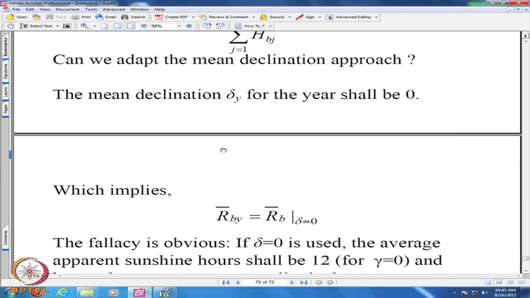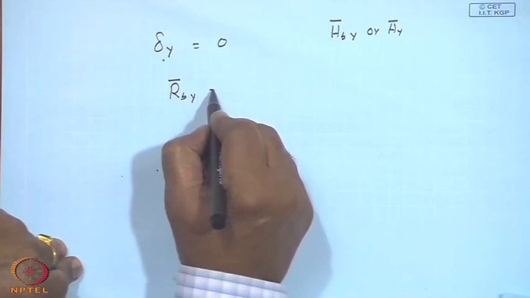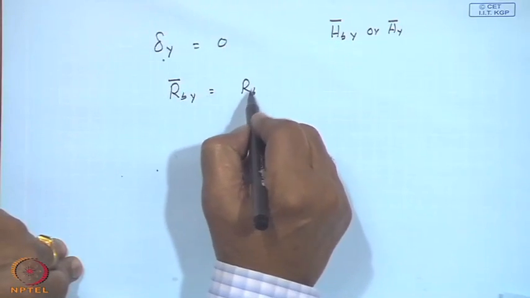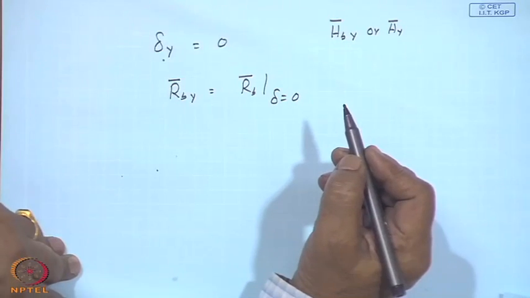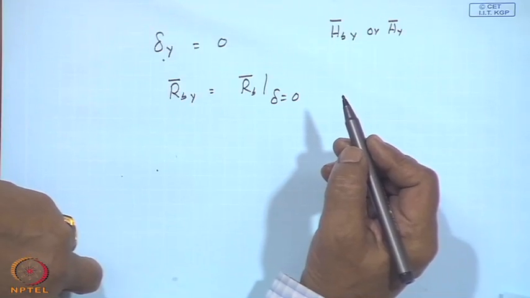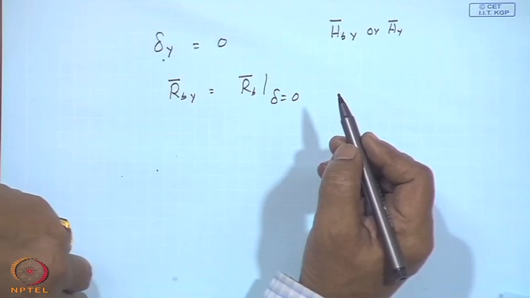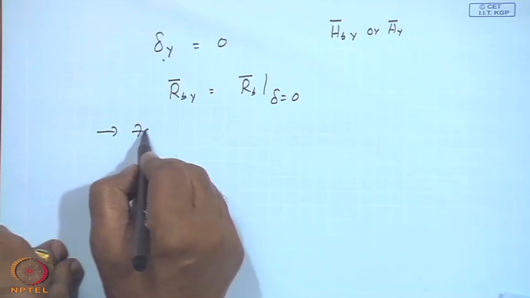So, this means I am trying to do this, as if it is a single day, I will calculate R_b bar with delta equal to 0. Now, one will readily see the fallacy in this.